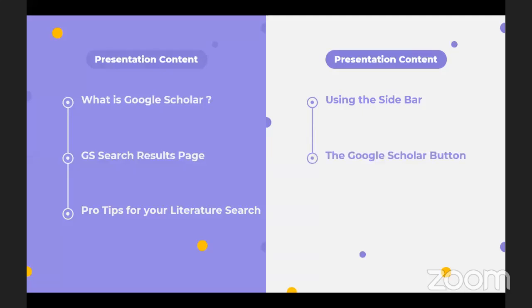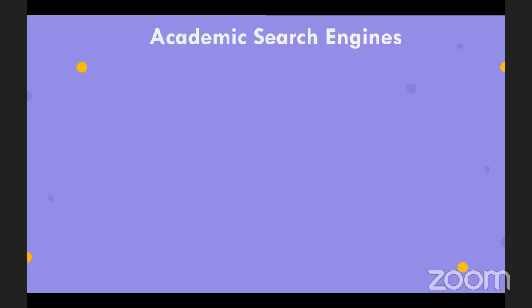Then, apart from traditionally relying on the Google Scholar web page, we have the Google Scholar button, and we'll explain how we can add it to our browser from the Chrome Web Store to be able to use Google Scholar easily. The last bit would be to examine how we can rely on the advanced search interface to enhance our search results using Google Scholar.